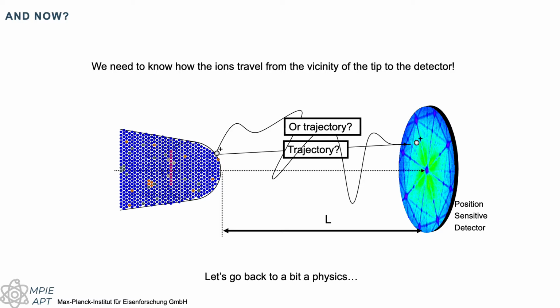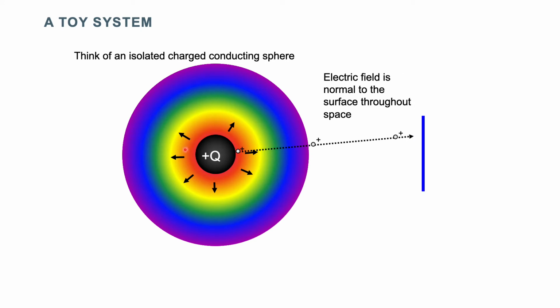So let's go back to a little bit of electrostatics. If we consider a sphere of radius r charged to a voltage V, so it's positively charged, the distribution of the electrostatic potential in space will maintain the spherical shapes, and we know how the potential is distributed, how the field actually gets distributed, and we can calculate the trajectory of the ions.